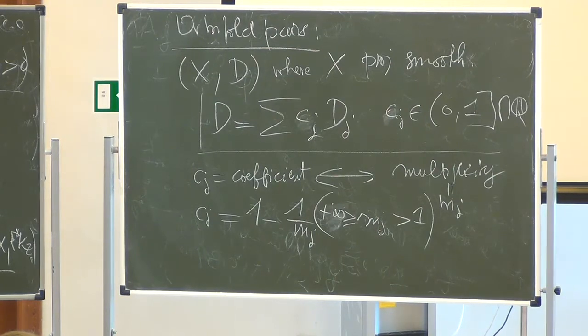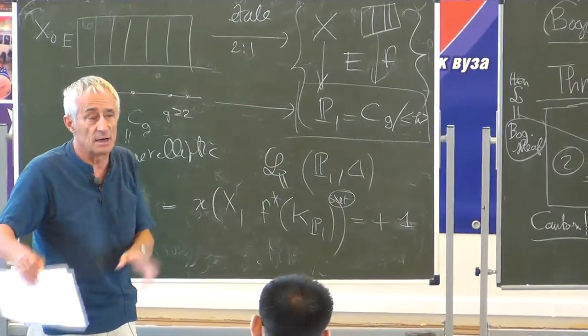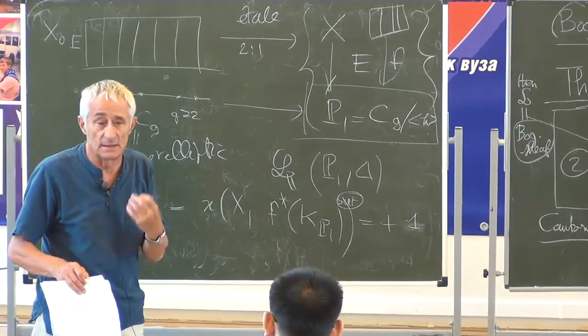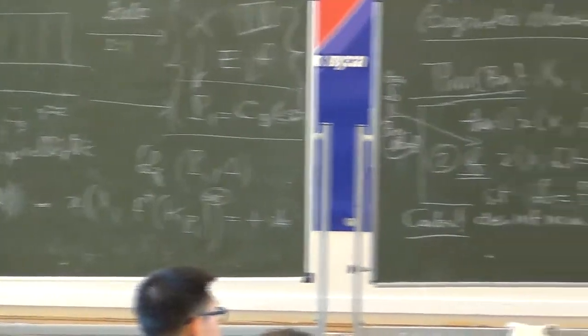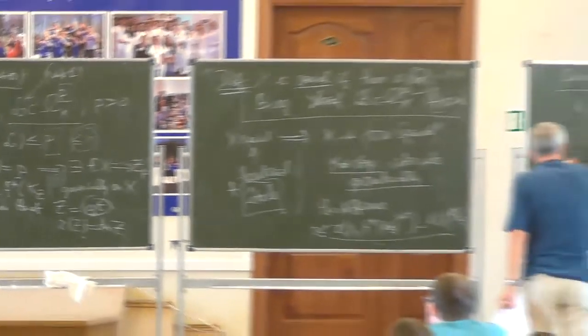Here you have a global cover which ramifies exactly, but in general, and especially in higher dimensions, you don't have this cover, and so you have to work with these objects directly.